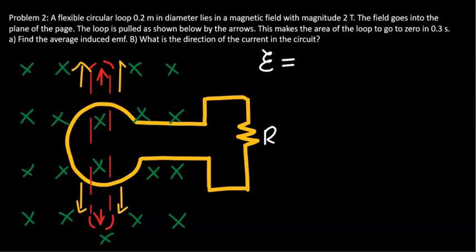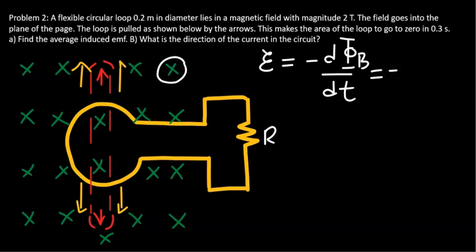The induced EMF is given by Faraday's law, minus the rate of change of magnetic flux through that loop. We note the magnetic field does not change. It points in the same direction with the same magnitude all the time. So that magnetic field can be taken out of the derivative sign, leaving only the area there.